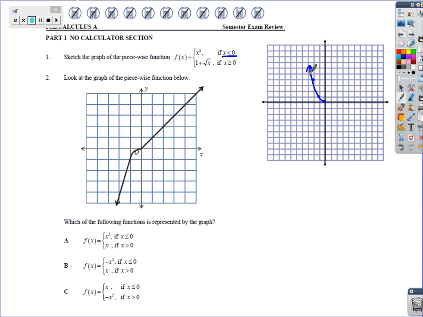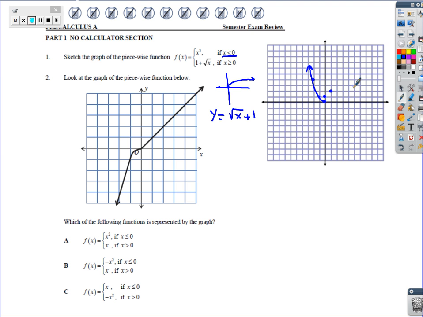So we've graphed x squared for x less than or equal to 0. 1 plus square root of x, if you remember, starts at 0, and it looks like this. So if you don't recognize this, write it as y equals square root of x plus 1, which means you're going to move it 1 unit up.